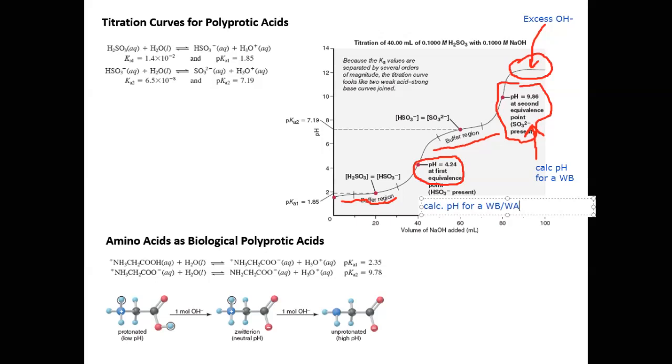Negative log of second answer. 14 minus 1.85. Log negative answer.